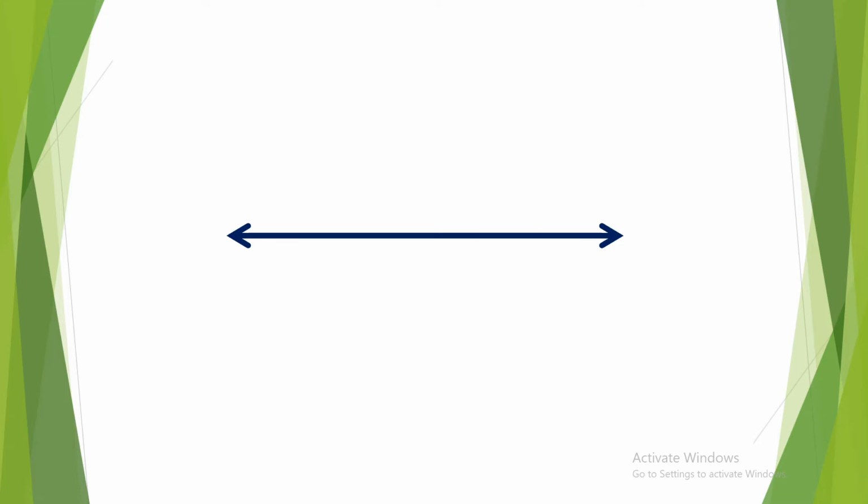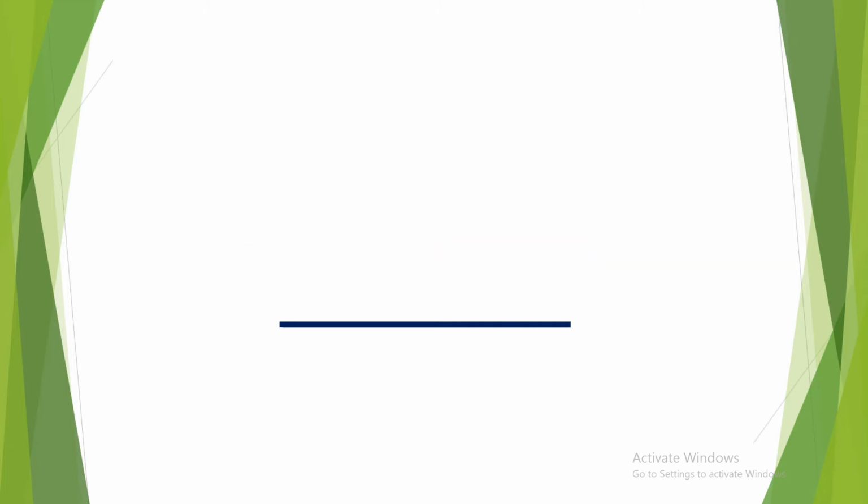We have here a line. From that line, we took apart, forming another straight line but with no arrowheads on both sides. This is called a segment.